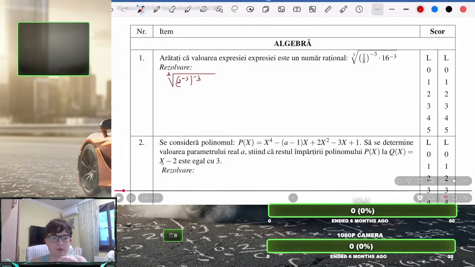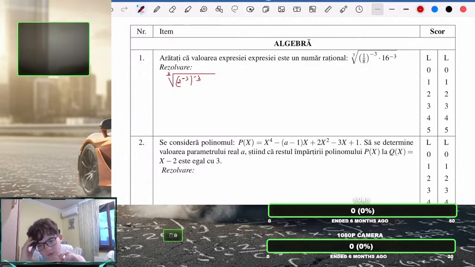In terms of exercise 2 right here, we have this polynomial, and we need to find the value of the real parameter a, knowing that the remainder of p of x divided by x minus 2 is equal to 3.